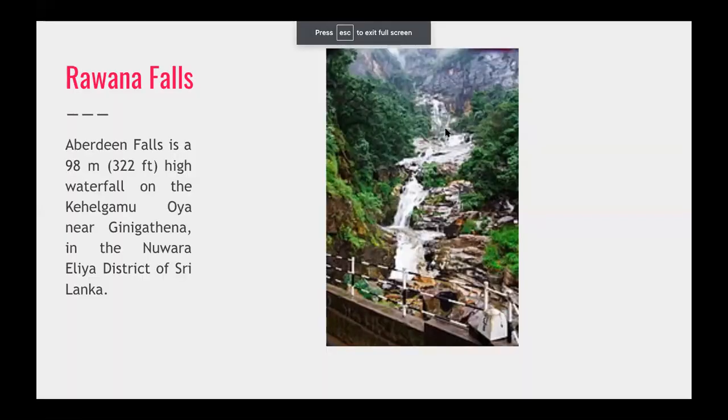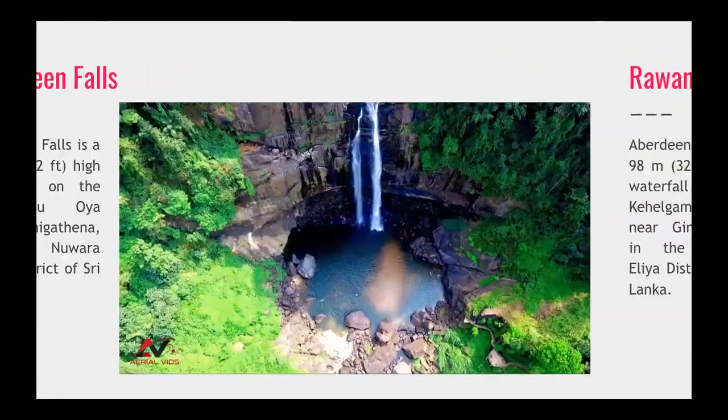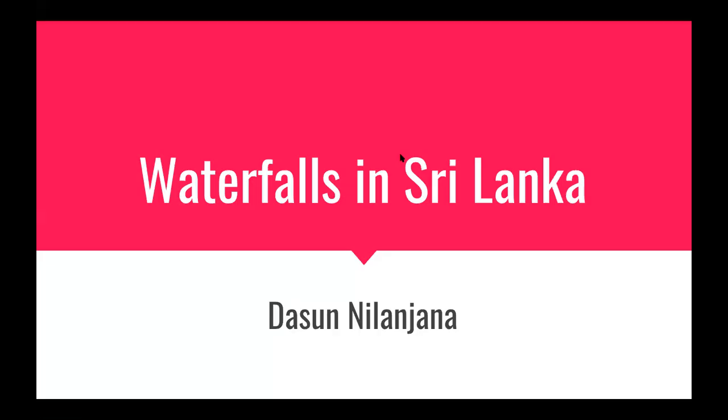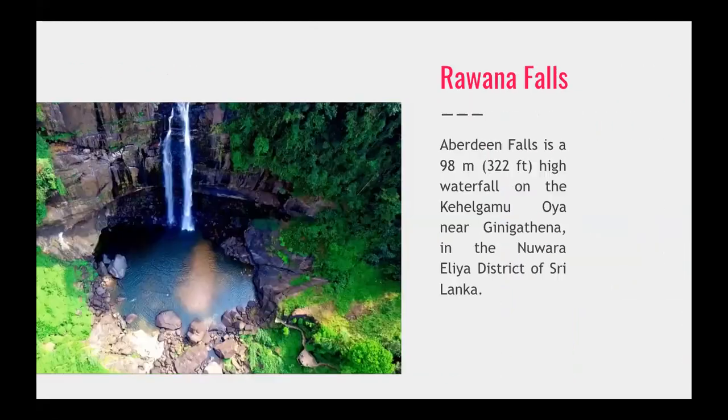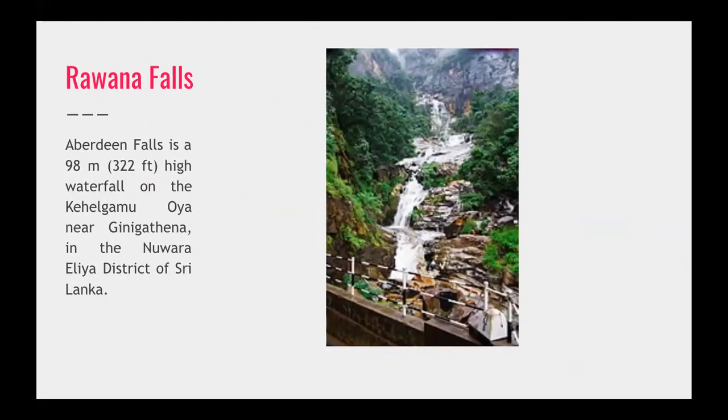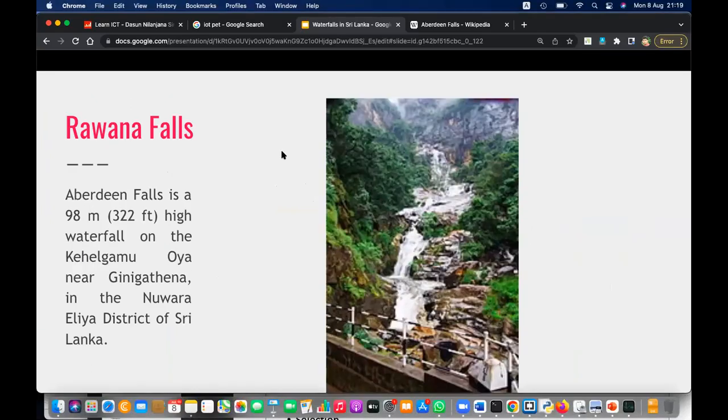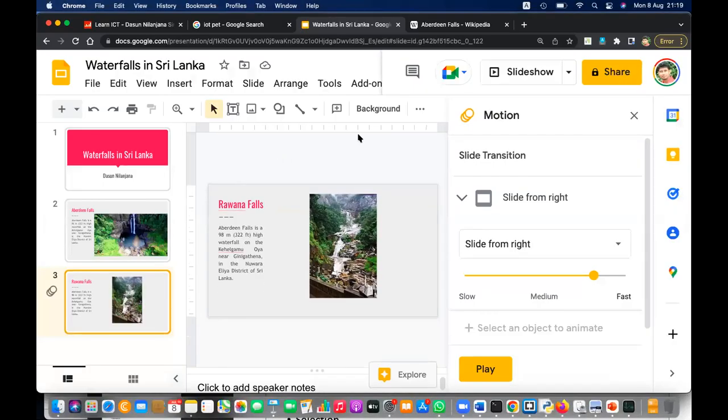Let's go to the previous one. You can see how it's moving. You have to apply it. To come back, when you start the slideshow, to exit you have to press the Escape key.